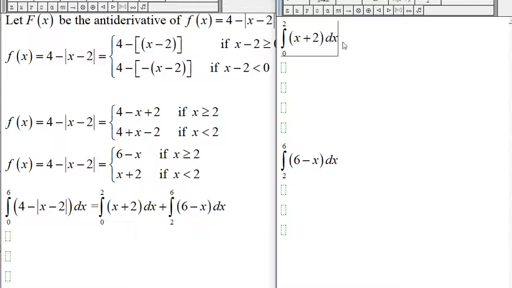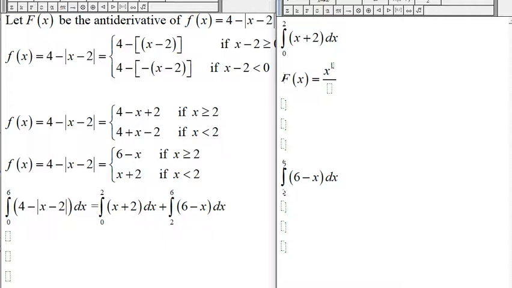The antiderivative of x plus 2: x is like x to the first, so the antiderivative is x squared over 2, and the antiderivative of the constant 2 is 2x.